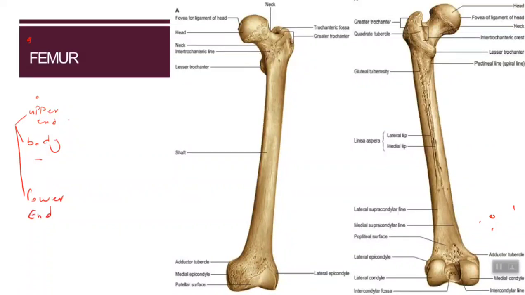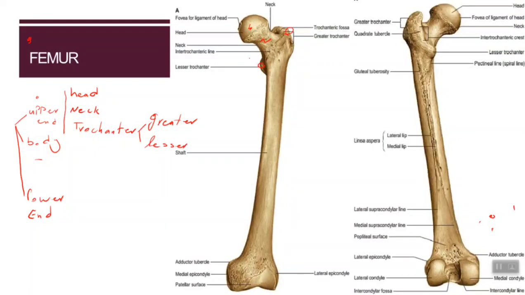As you see here, in the upper end we have a head, neck, and two trochanters, greater and lesser. Greater and lesser trochanter, you can see here. And here, this is the head, neck, and this is the greater trochanter and lesser trochanter.